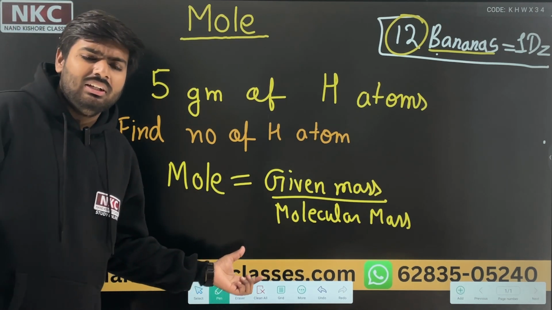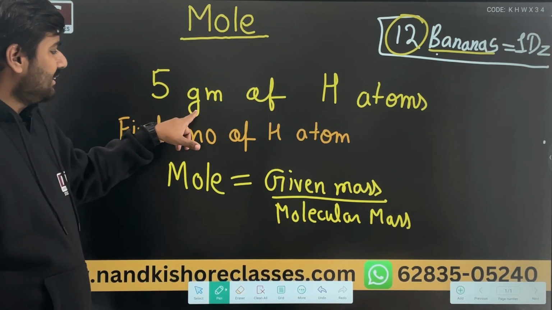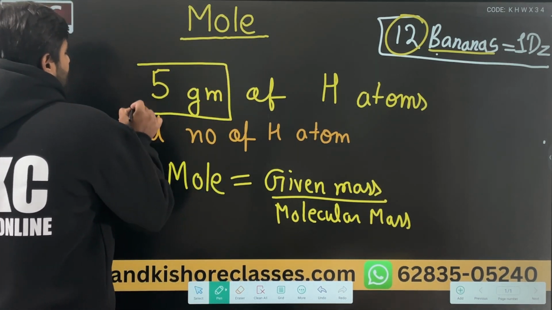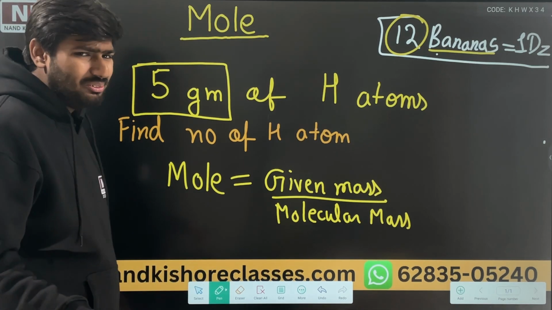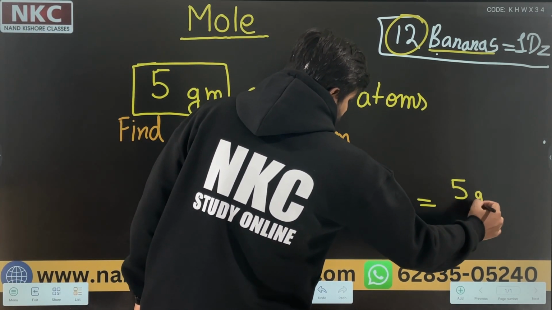We could simply write it as given mass over molecular mass, moles. What is the given mass, sir? It is asked that in 5 grams how many atoms of hydrogen will be there. It means the given mass of hydrogen is 5 grams.